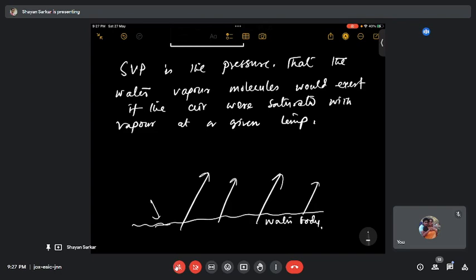At higher temperature, this air needs more and more molecules, right? More saturated vapor pressure. Okay, clear?